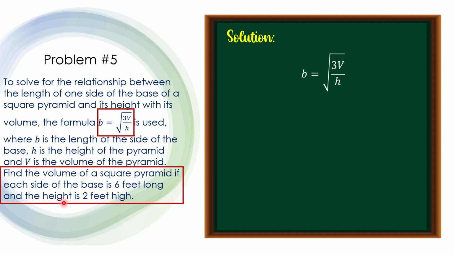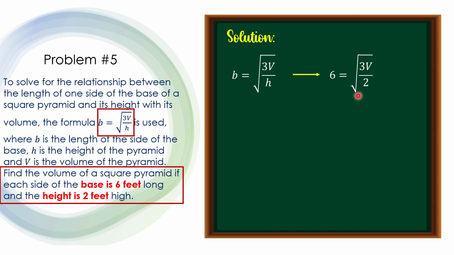So from our formula, we will simply substitute the value of base or b, which is 6, and the value of h, which is 2. Therefore, we will have 6 is equal to the square root of 3V over 2, where b is equal to 6 once again, and h is equal to 2 from the given. And V here is the missing value that we need to find out.